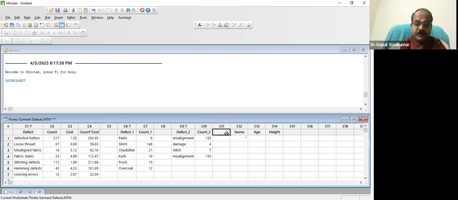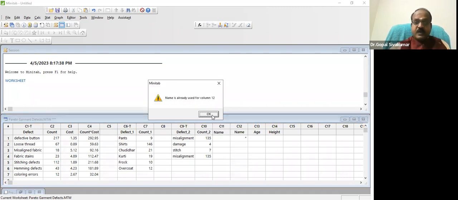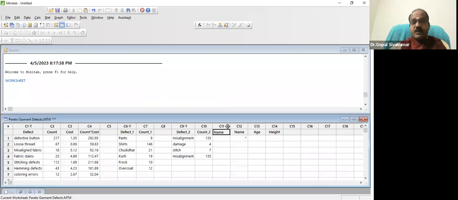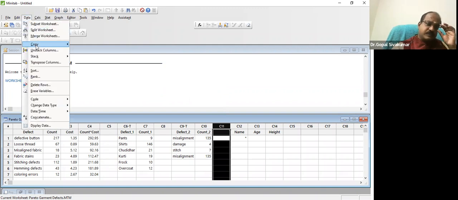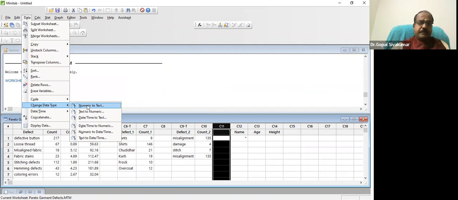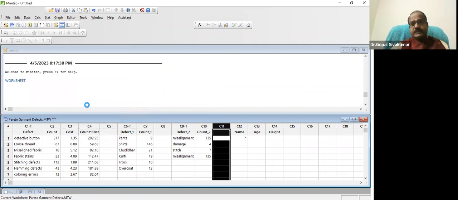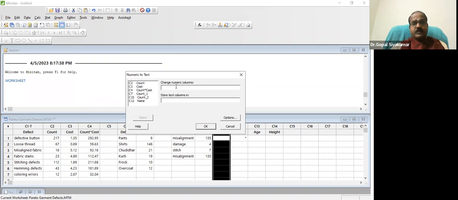Okay, let me type it here. Column 11. Data, numeric to text.